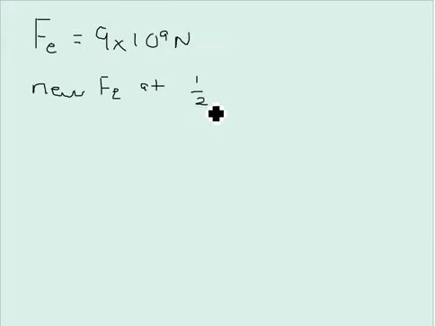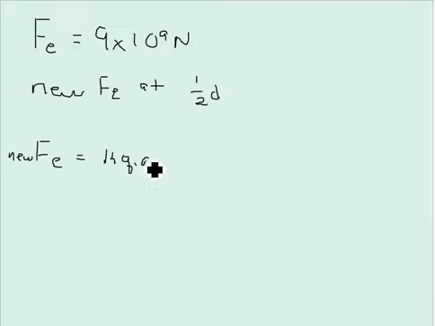Because we went from 1 meter to a half a meter, we would just simply go, well, that new FE is equal to K. Our Q1 and Q2 did not change, right? The charge stayed the same, but our distance is now half of what it was before.